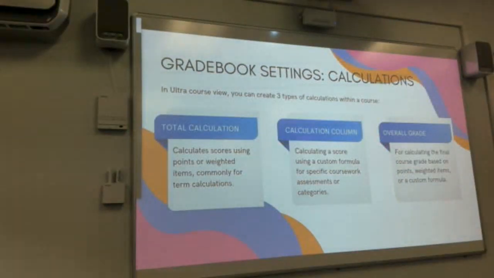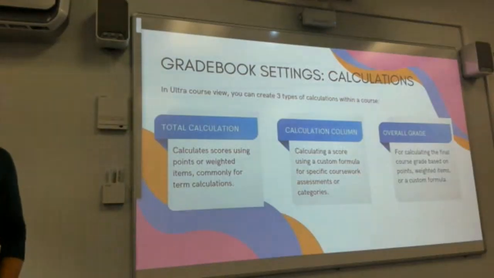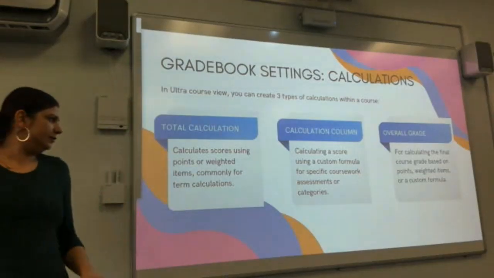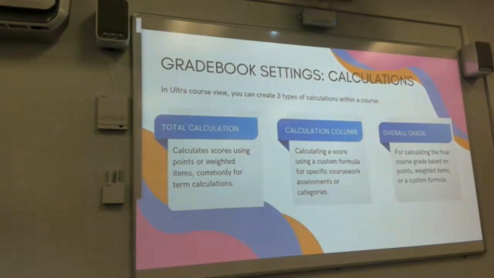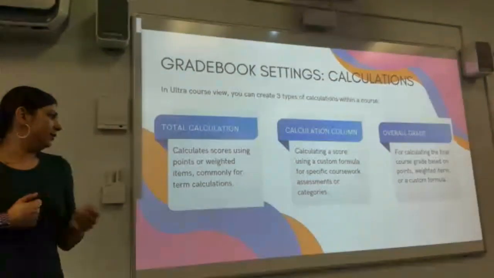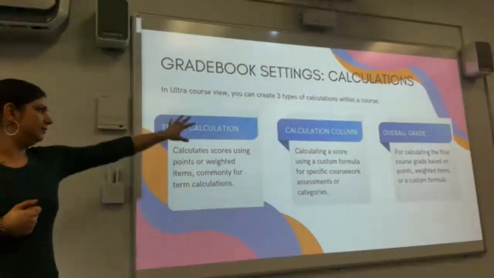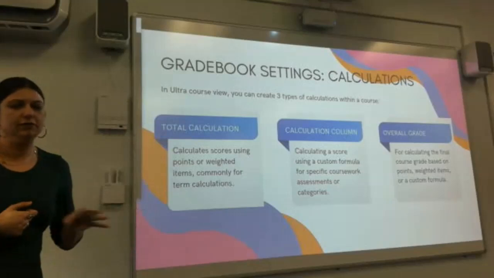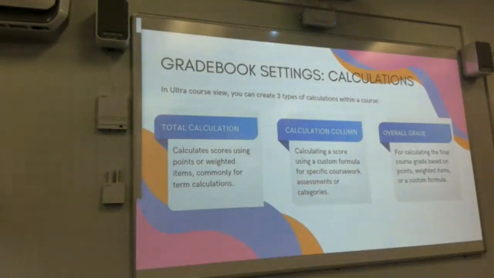So, kind of different calculations. You've got the total calculations. We're going to talk a little bit about the points-based and the weighted columns. This is basically for your total calculation, and you can break it up into different categories.